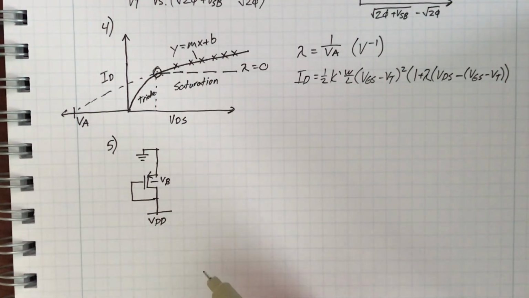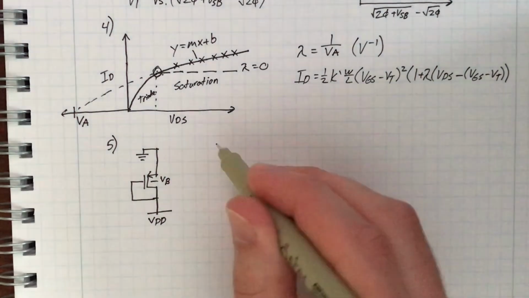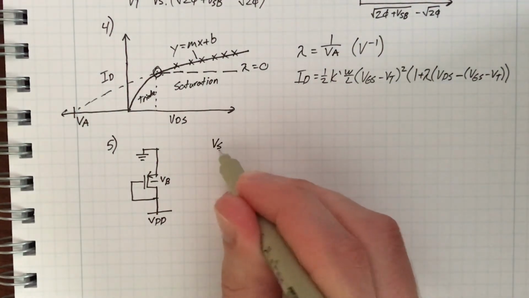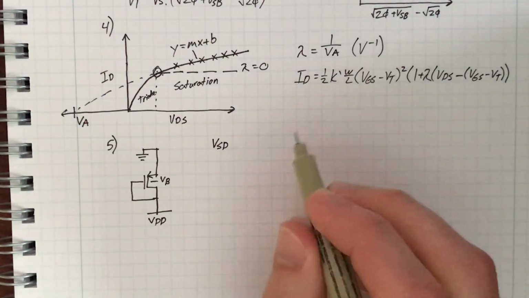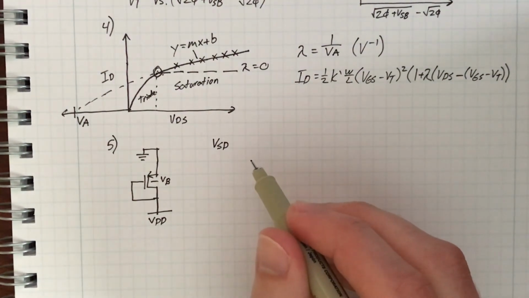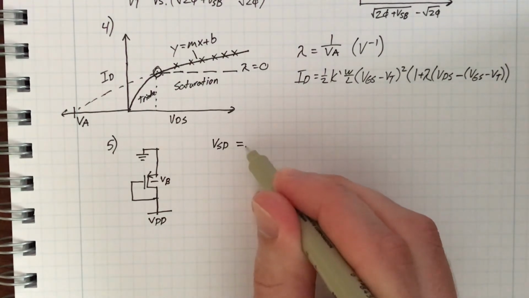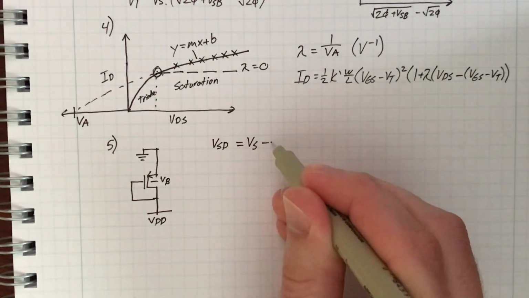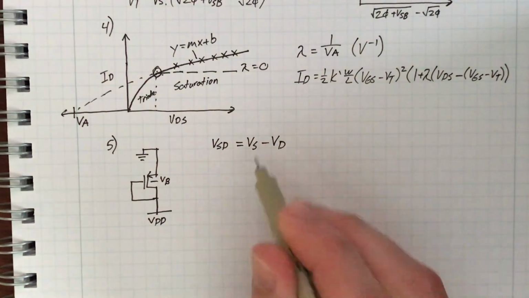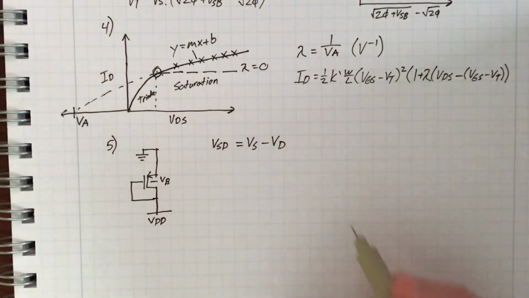So for this, they give you values of VSD they want you to use. Now it's important to realize what this notation means. VSD means the voltage at the source minus the voltage at the drain. Source minus drain, VSD.